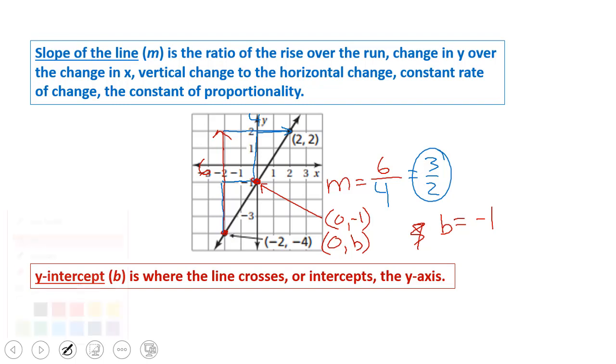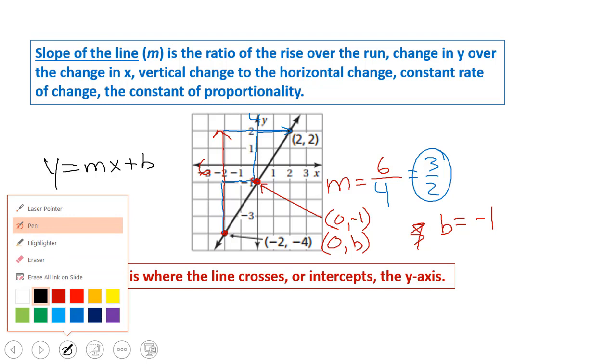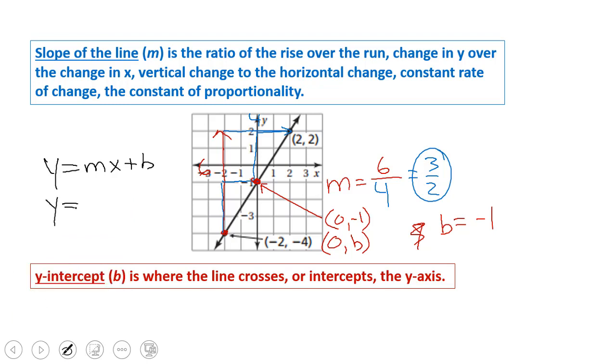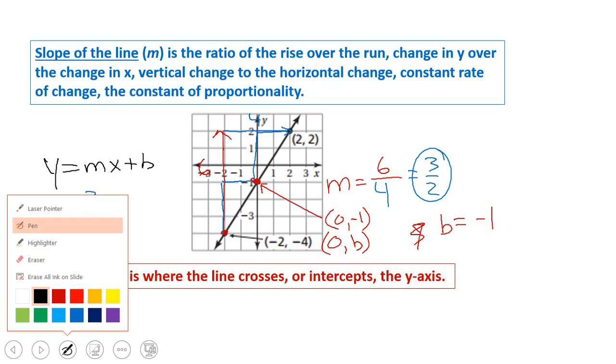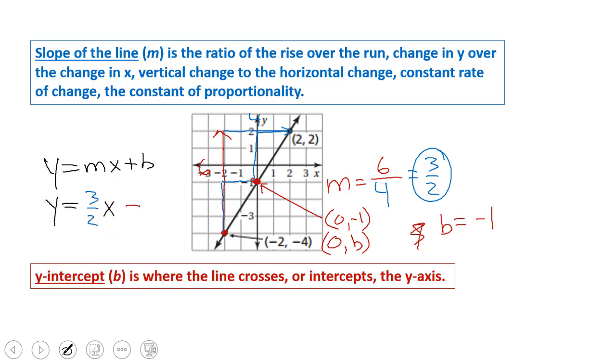Now that we have that, we can take our equation, y equals mx plus b, and substitute that information in. Our equation is y equals, and we put in our slope, 3/2 x, plus, or actually minus, and you're going to ask me in a second, why minus?